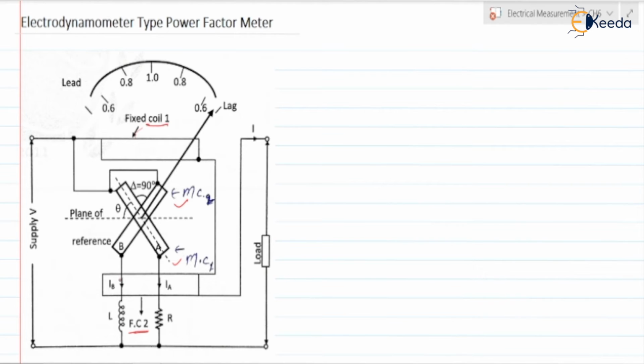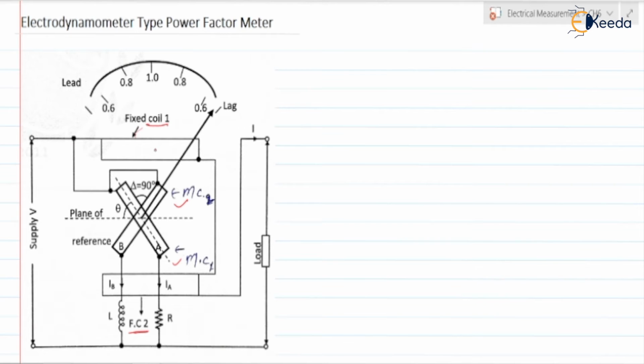As I said, it is like a watt meter. This is like a parallel magnetic circuit concept, and mutual inductance is not constant here because of the difference between the two moving coils.